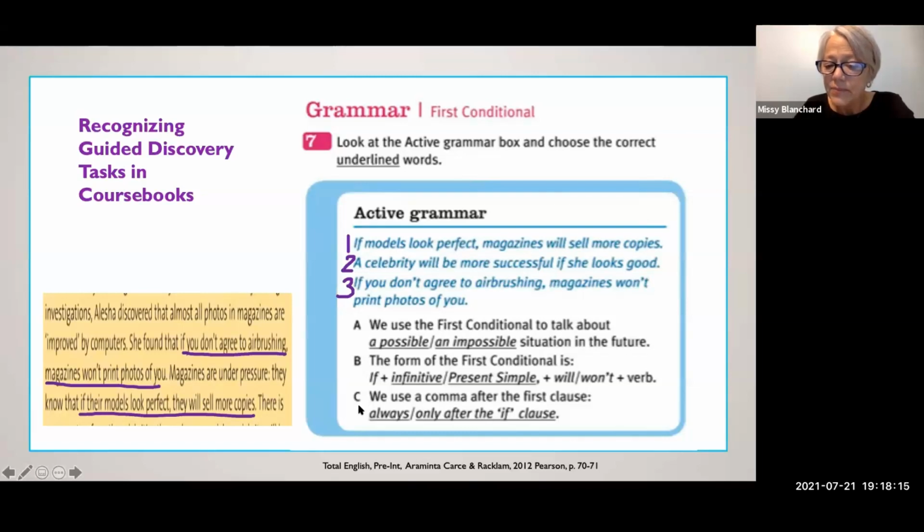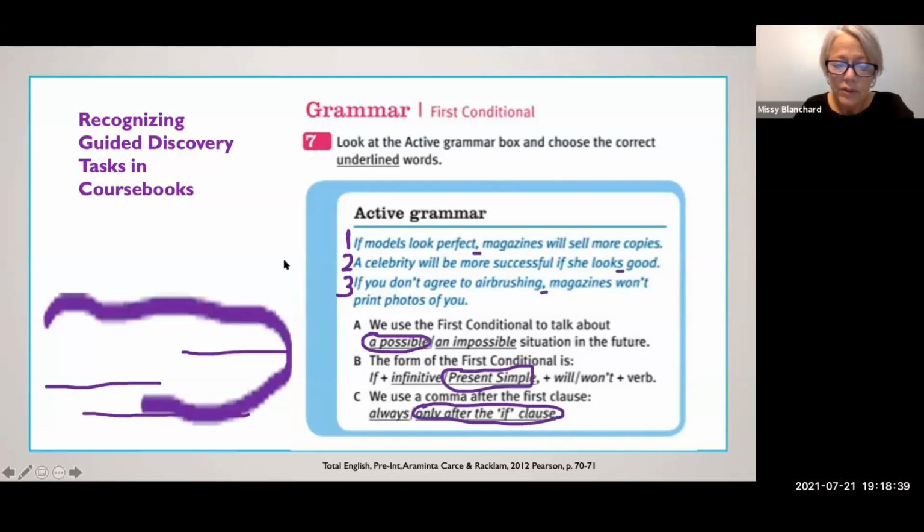Similarly, sentence C is asking about when we use the comma. If you look at sentence 1, there's a comma. If you look at sentence 3, there's a comma, but there is not a comma in sentence 2. So we can ascertain the answer to that question, again, by looking at our examples. And this is what it would look like.